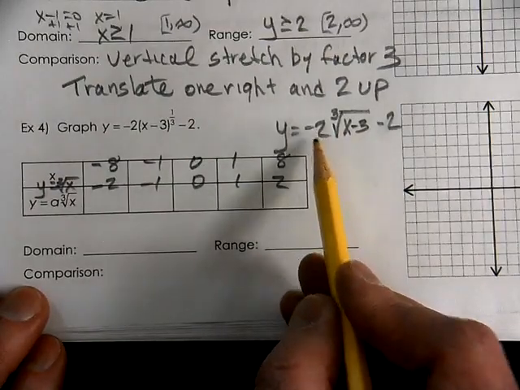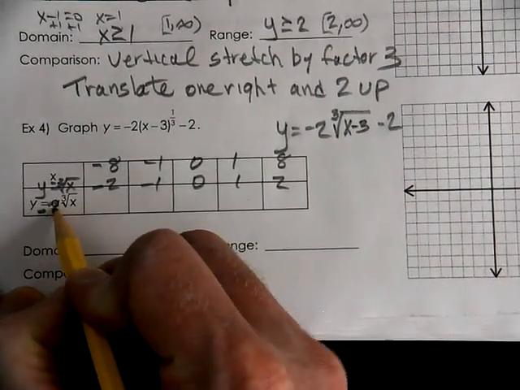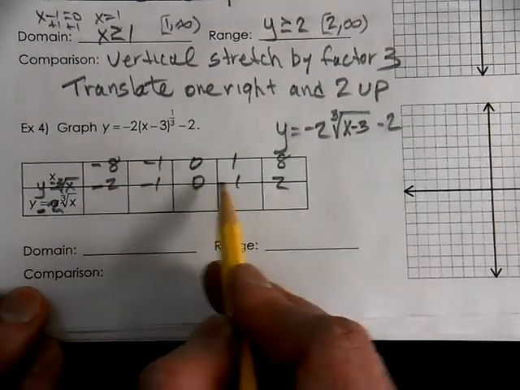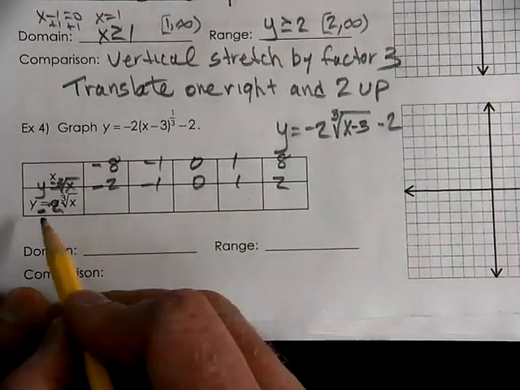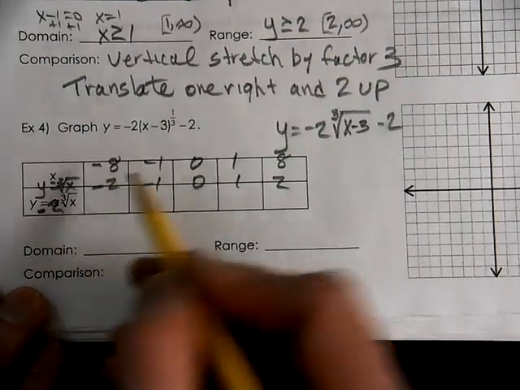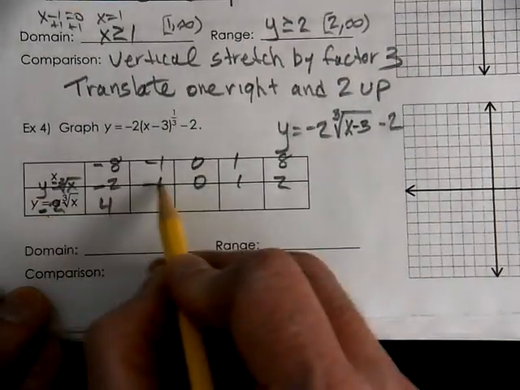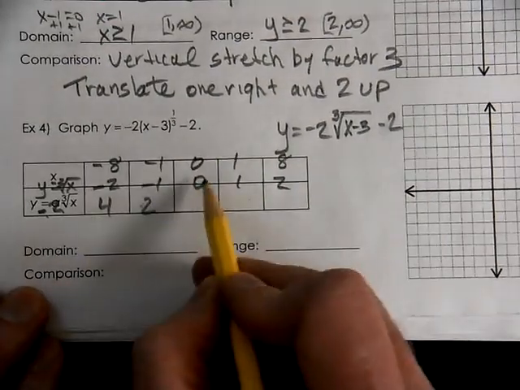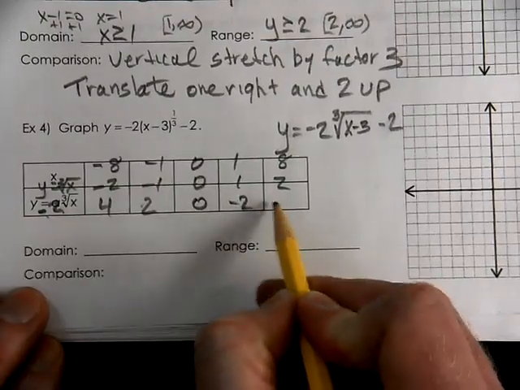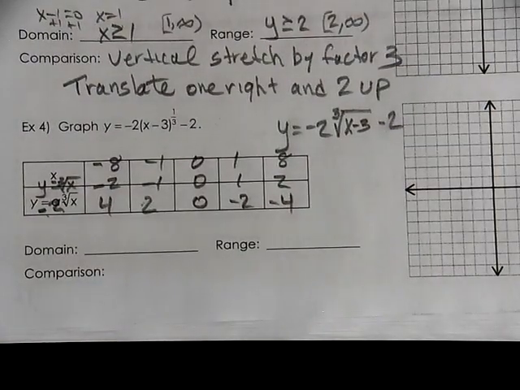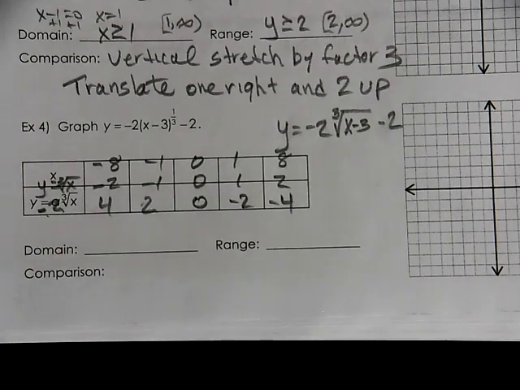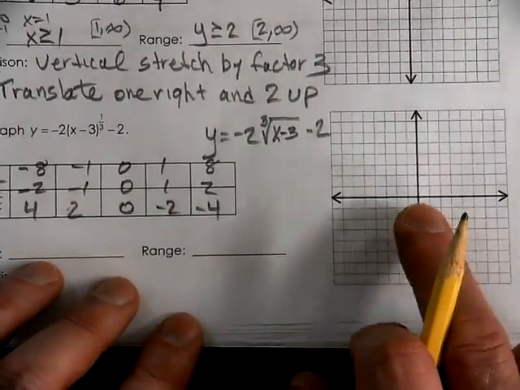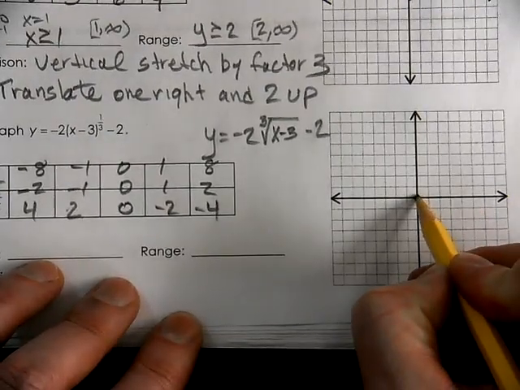So now we're going to take our negative 2 and multiply that to the cube root of x. Now, since we have some data written in there, we're going to do negative 2 times negative 2. Negative 2 times negative 1. Negative 2 times 0. Times 1 and times 2. So that's the graph that we're going to put.